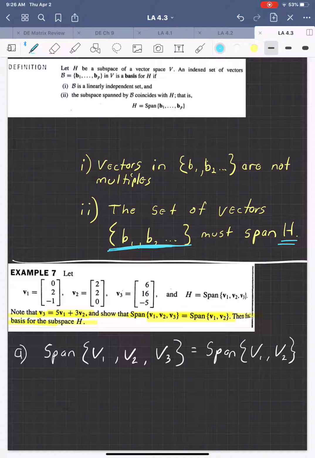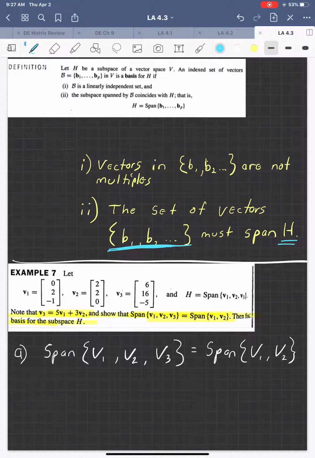So, example 7. Let's do an example. We're given three vectors, and we are told that your subspace H, imagine some region, is equal to the span of those three vectors. I do hope that this is not getting too much for you.